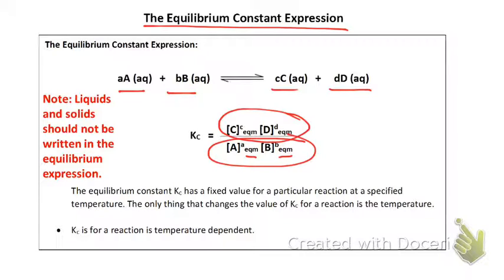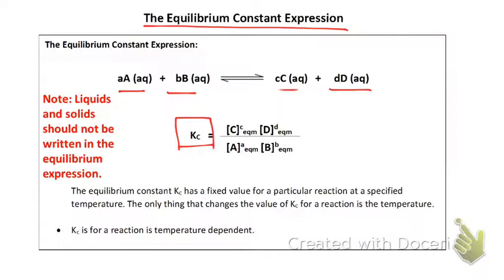Now, this division problem is equal to a value known as Kc. Kc is known as the equilibrium constant. All right, equilibrium constant, Kc.